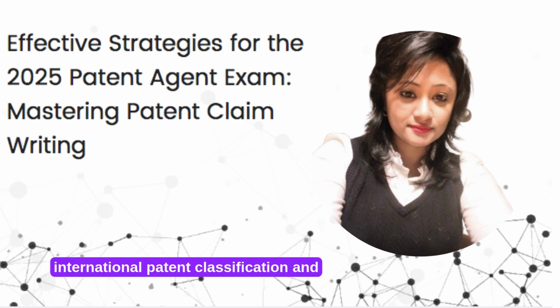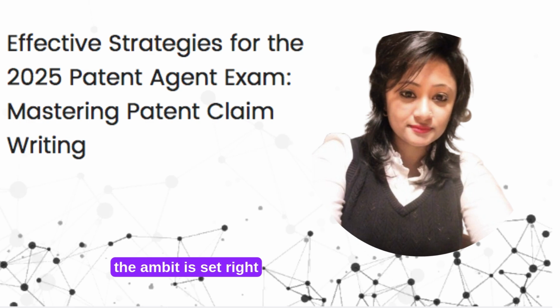IPC is International Patent Classification, which demarcates different innovations into different categories, and the tagging is done beautifully by WIPO. Generally, a very good practice when you become a registered patent agent is to take the preamble from the IPCs so that the ambit is set right.